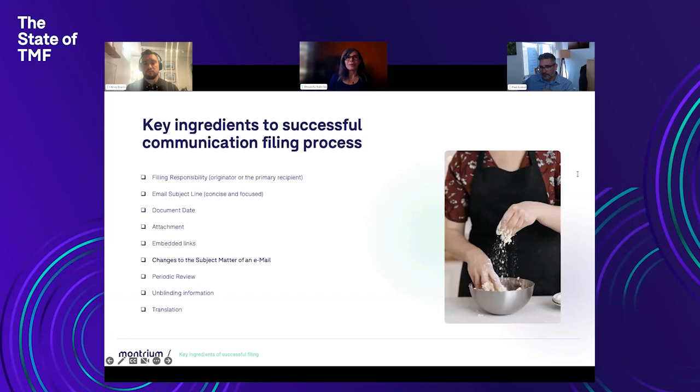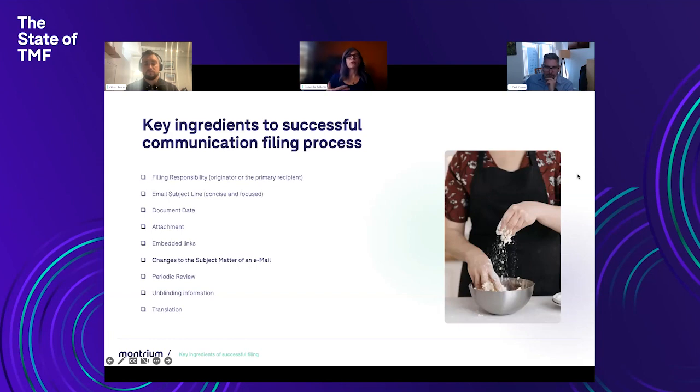The attachment. How do you upload the attachment? How do you manage the attachment? It's obvious that if the attachment is important and relevant, you should PDF the attachment as well with the email. But if the attachment is, for example, a meeting minute or a template, a form already filled in another section of the TMF, maybe you just file the email without the attachment to avoid duplication.